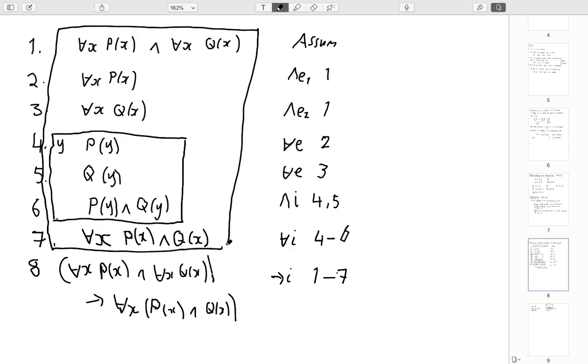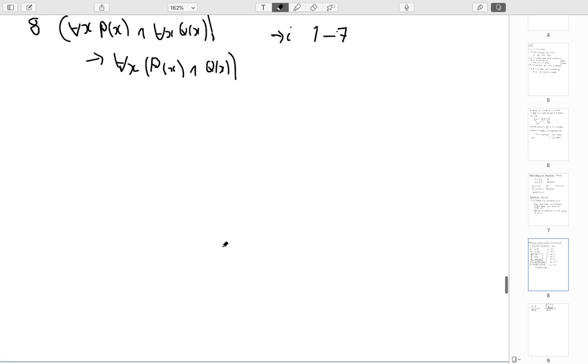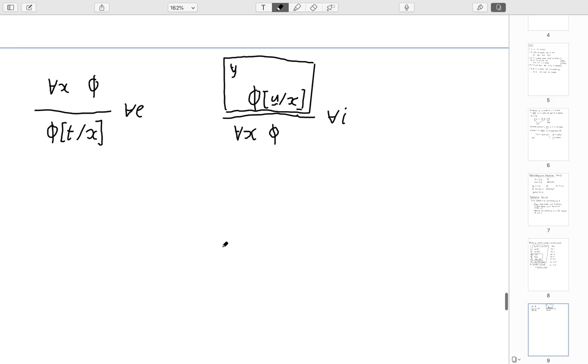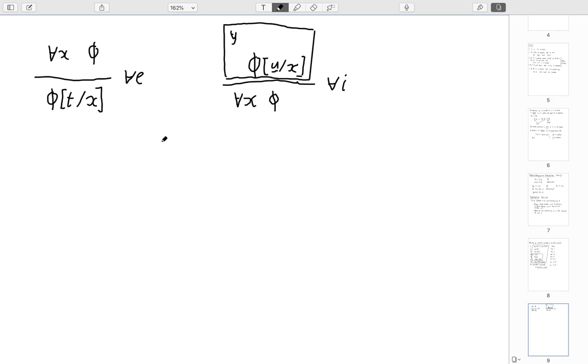And there we are. So we have successfully proved the formula we wanted to prove. And we did that making use of the introduction and elimination rules for the universal quantifier. This looks a bit messy here, so I just want to make sure that's clear that that's a y.